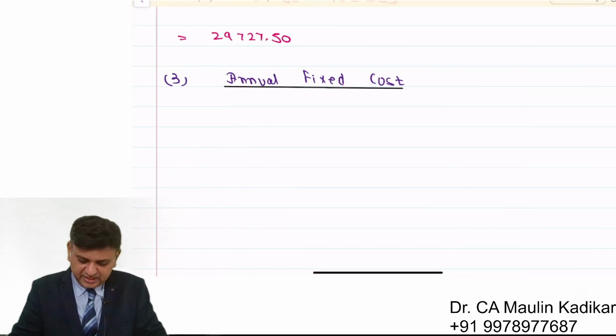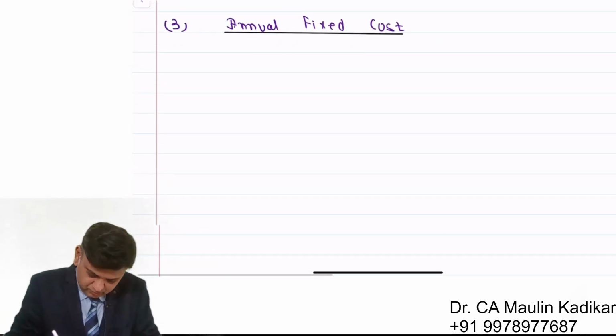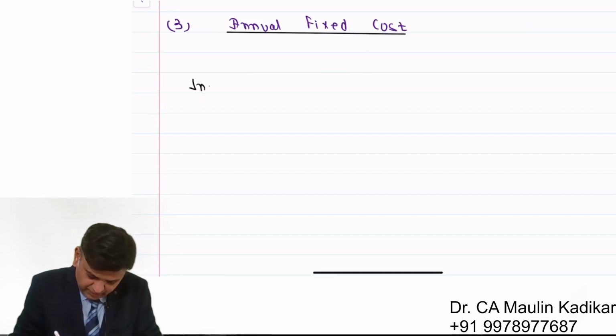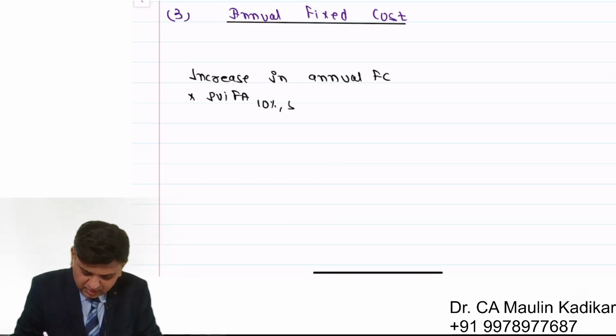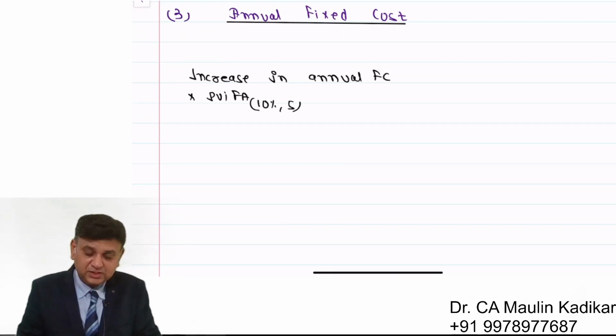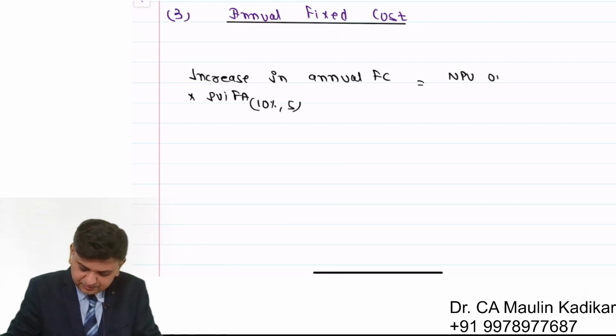So we understand something like this. Listen carefully. Increase in annual fixed cost into PVIFA at 10% for 5 years is equal to NPV of project.